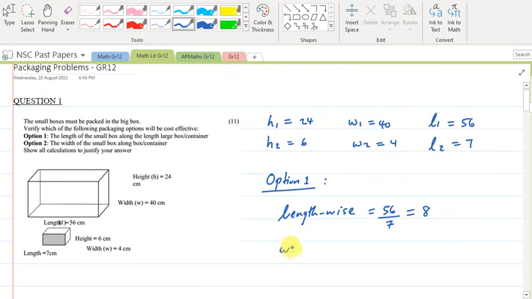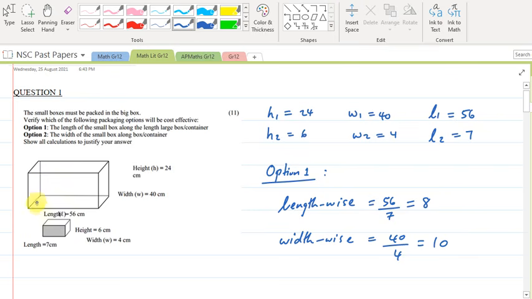Then the next one is, let's look at widthwise. Right, widthwise, we take the width of the larger one, which is 40, and we're dividing it by 4. 40 divided by 4, so we should get 10. Right. So in other words, I know I'm packing lengthwise. I've got 8 here, and if I go across, I can pack another 10 there.